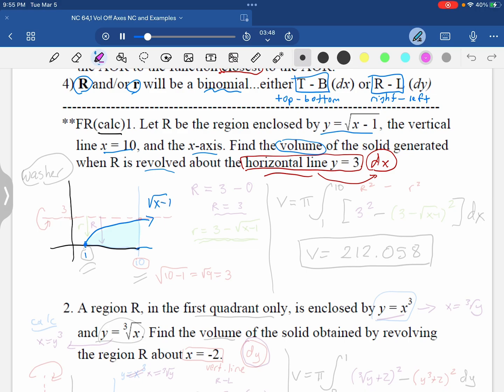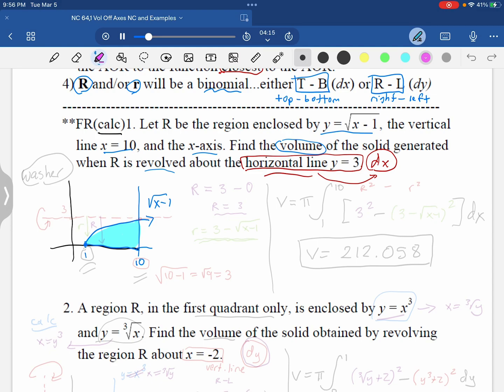The line x equals 10 is just going to cut off the right side, and the x-axis is going to form the bottom. So to clarify, the area we're interested in would be the entire area inside of all those: under the square root, left of the vertical line, above the x-axis.